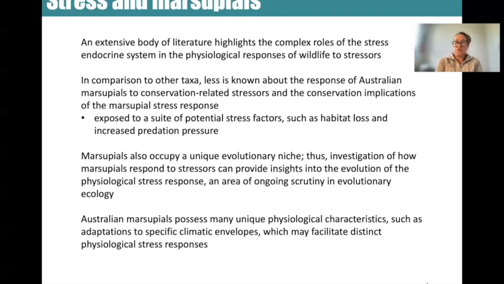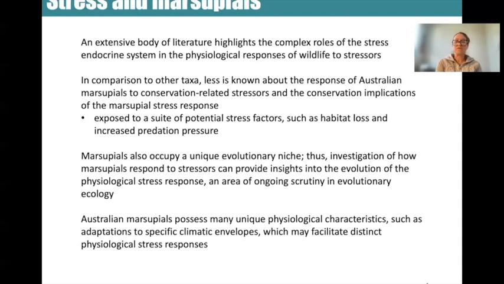Marsupials are also unique. They occupy a very specific evolutionary niche. So investigation of how marsupials respond to stresses can provide insights into the evolution of the physiological stress response more generally for animals and across different taxa.